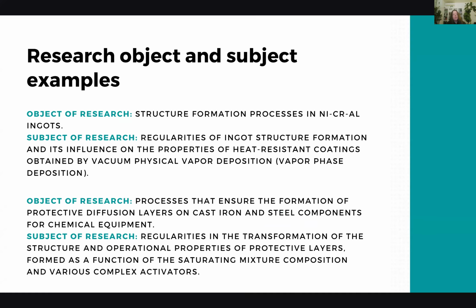The subject is regularities in the transformation of the structure and operational properties of protective layers formed as a function of the saturation mixture composition and various complex activators. So here we specify what exactly we are going to study within the object of our research, adding details and making it more specific than the object.